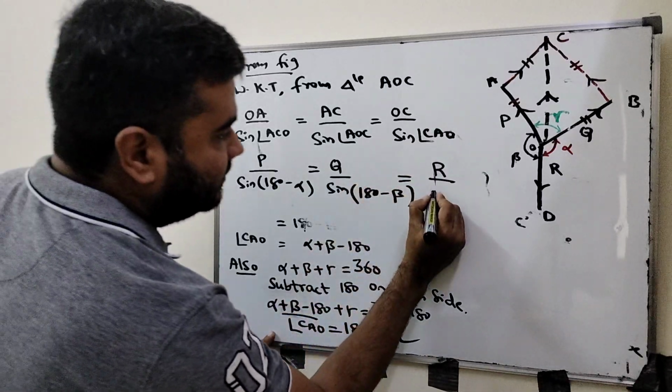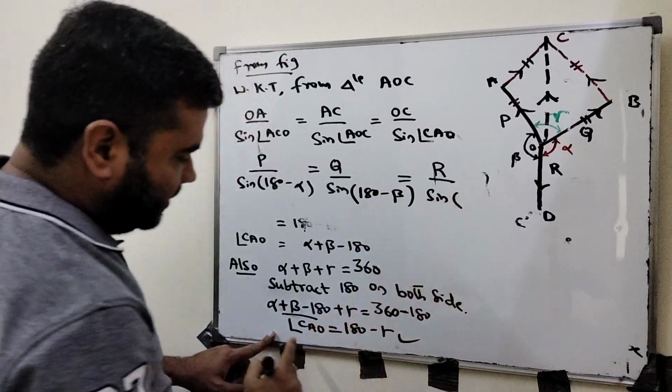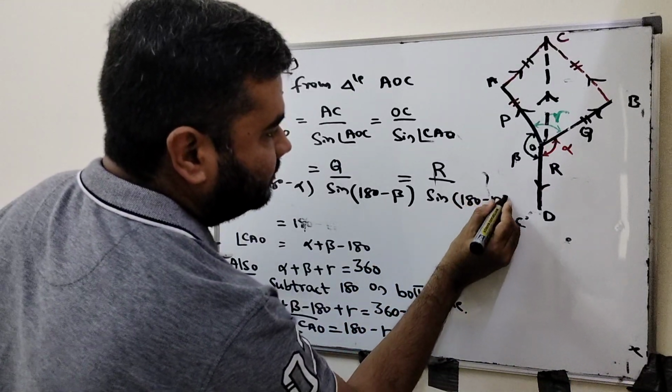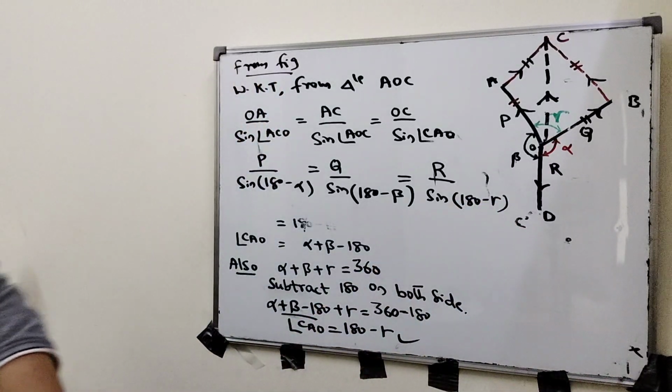CAO is 180 minus gamma. Now further simplify.